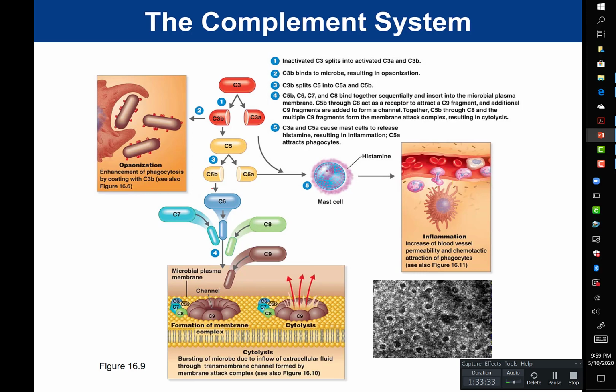Another thing the complement system activates is something called cytolysis. Cyto refers to cell, lysis is breaking. The complement proteins themselves form what's called a membrane attack complex. This membrane attack complex produces a pore or hole in the membrane of the pathogen, and fluid goes in or out, which causes the cell to be destroyed.